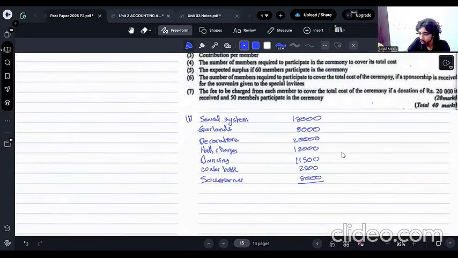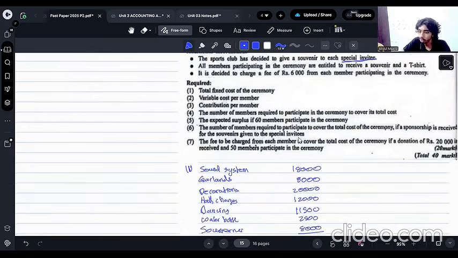Then you can get the total fixed cost as 18,000 plus 8,000 plus 20,000 plus 12,000 plus 11,500 plus 2,500 plus 8,000, that is total fixed cost 80,000.